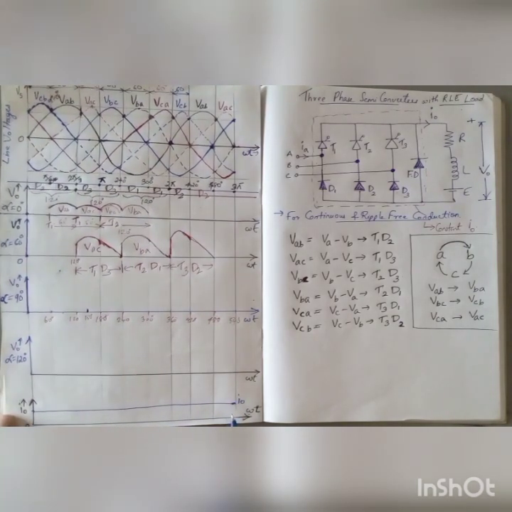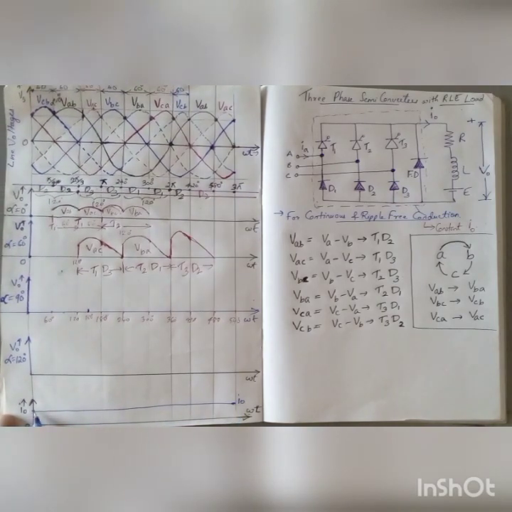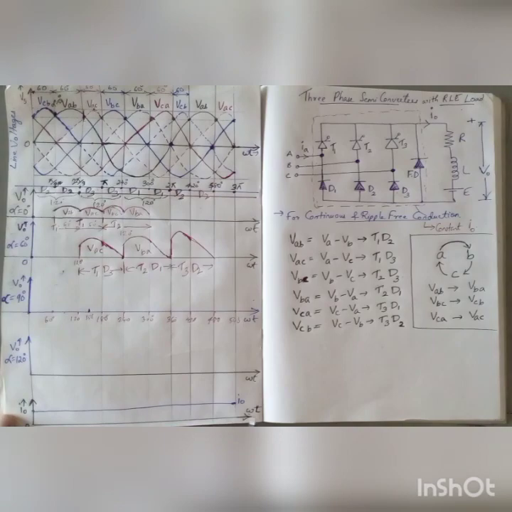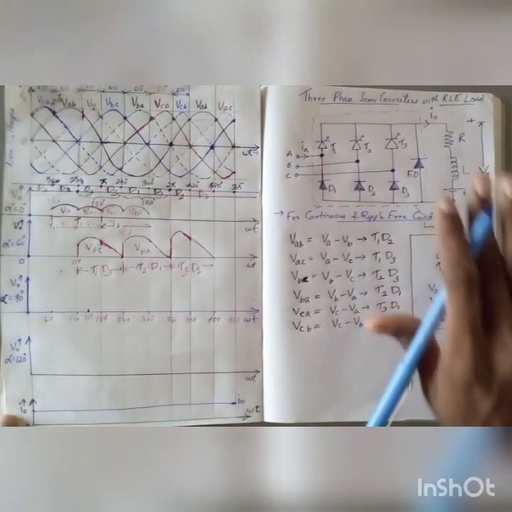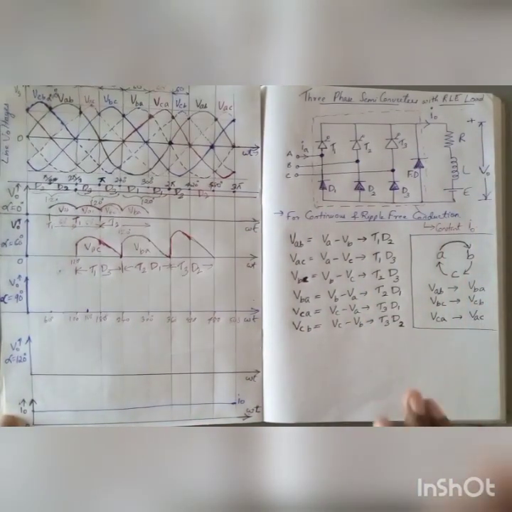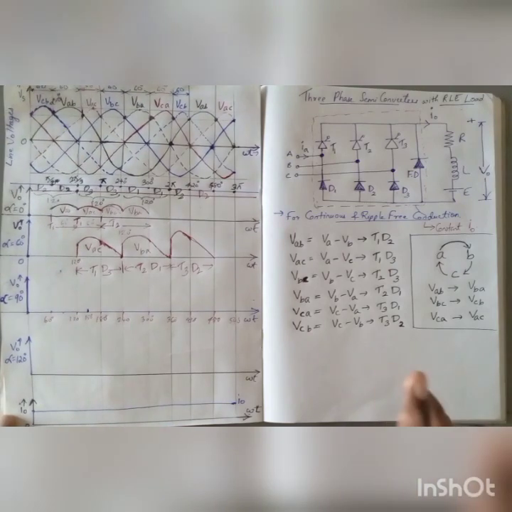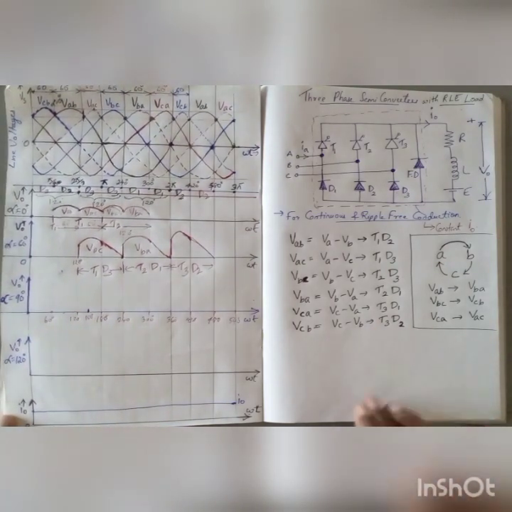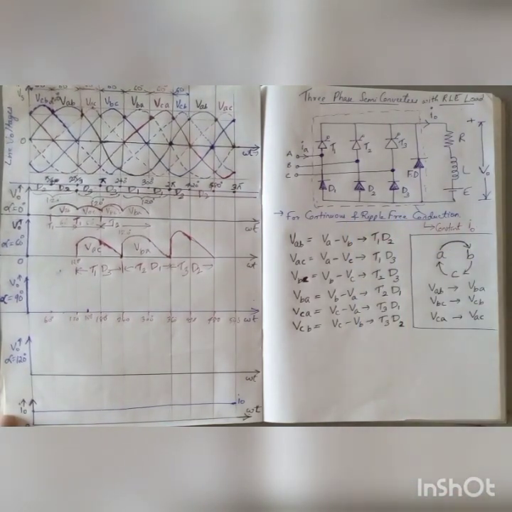I0 is always a constant value. With this assumption we analyze this entire circuit. According to the syllabus, we analyze 3-phase full converter as well as 3-phase semi converter with an assumption that the load current I0 is continuous and ripple free.